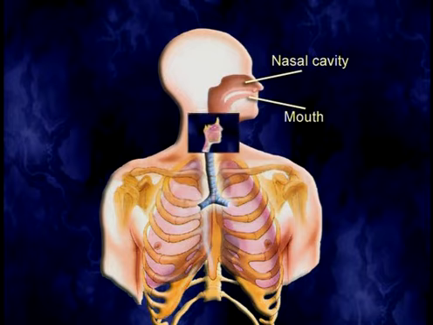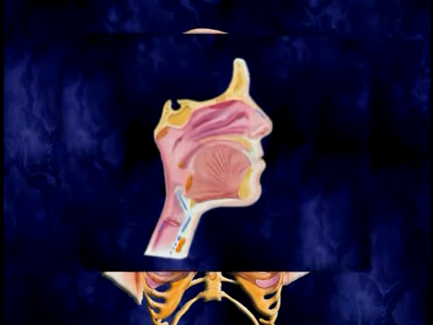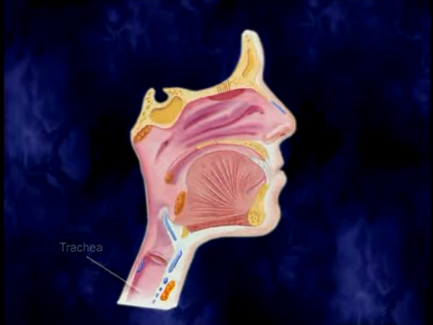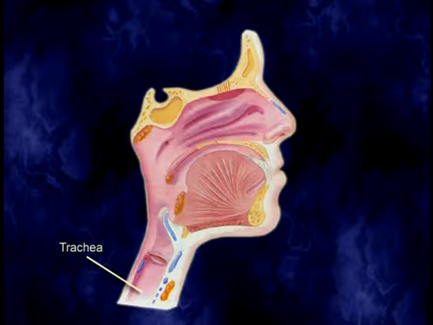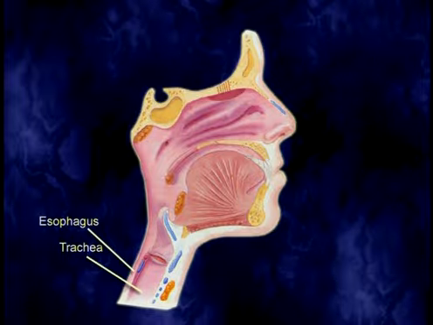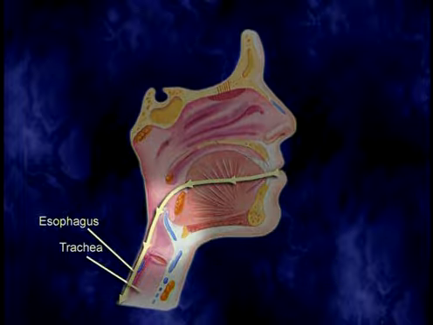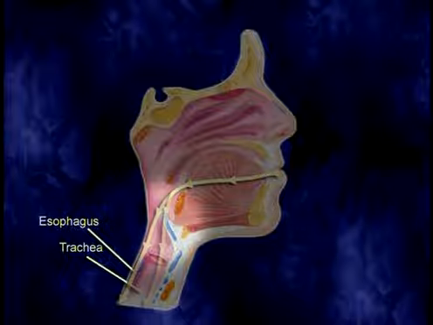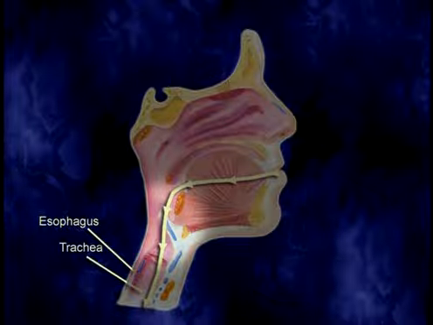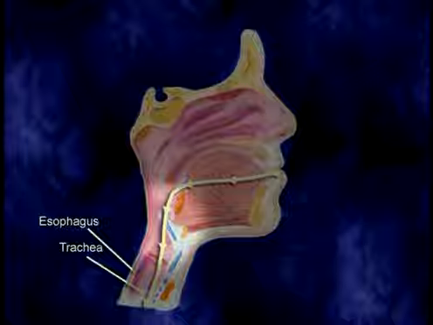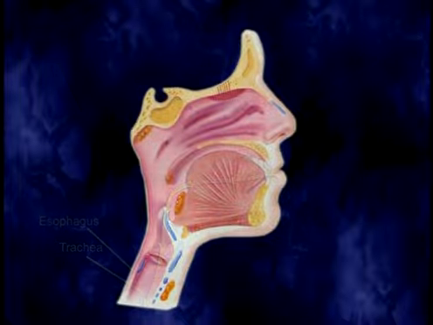But if you get a closer look at this, you will see that not only is the trachea and airway there, but right behind it, we have the esophagus, which is where food goes down, and a place we'll study in a little bit. So we've got a little problem here in that we don't want any food going down into our airway. Let me back up and show you how the process begins right at the nose and mouth.